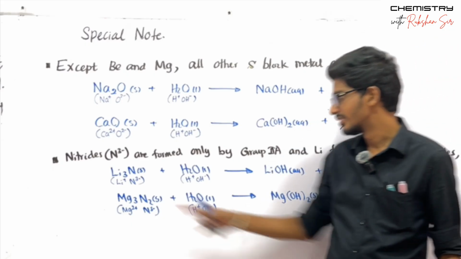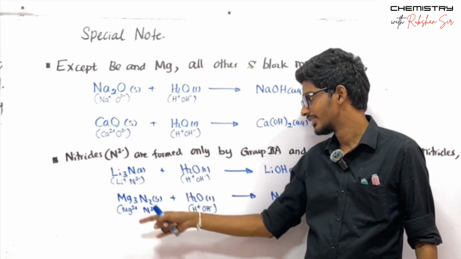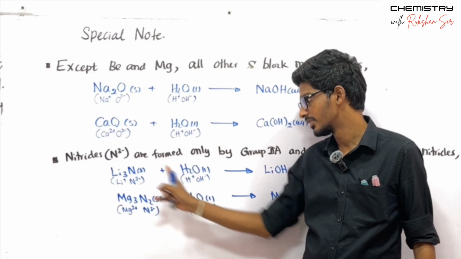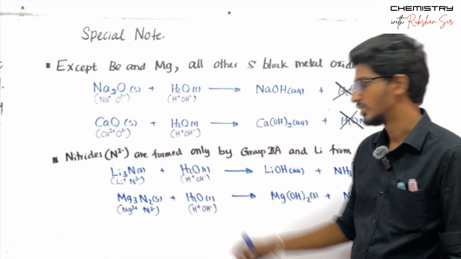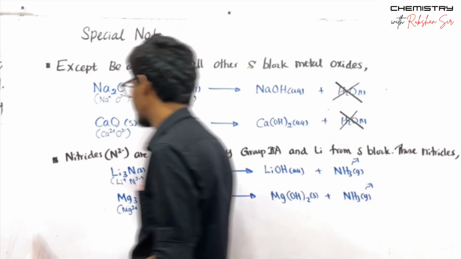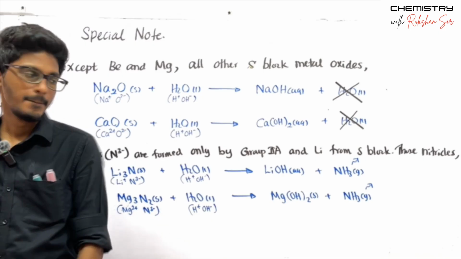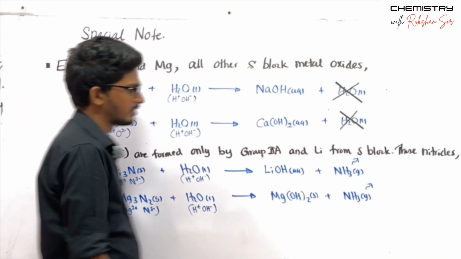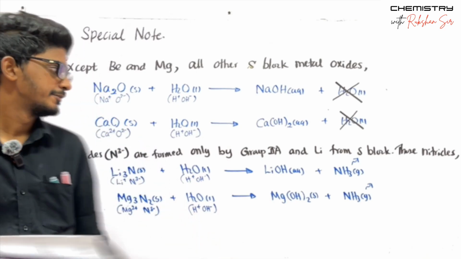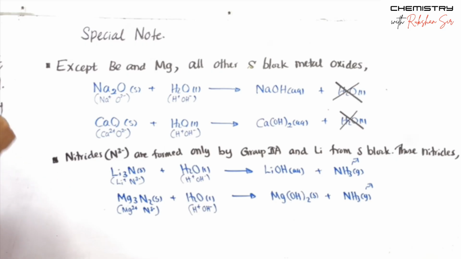What we need to do is just exchange the ions: the cation of this thing coming up with the anion of the other thing. So ion exchange will give you the product easily. I'm not going to balance the stuff; by looking at both sides, you can just balance. Okay, this is how the nitrides are supposed to react.